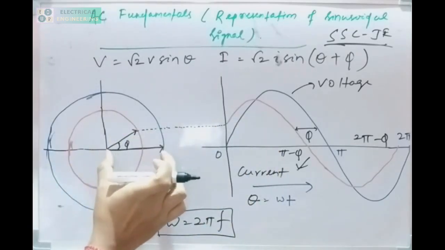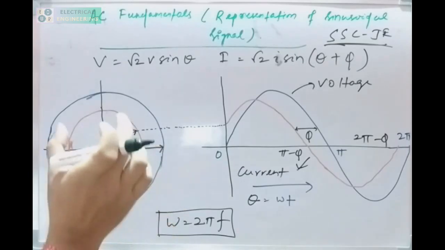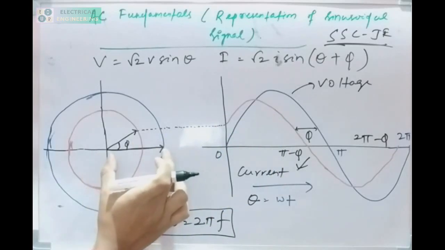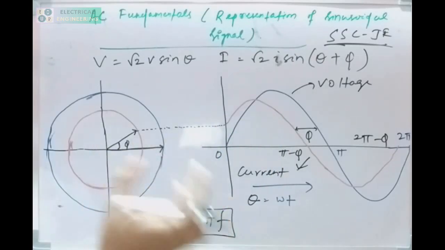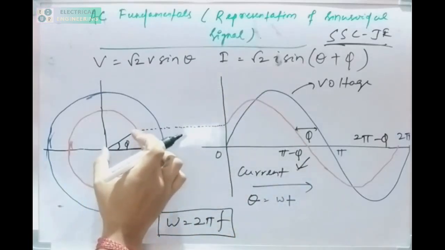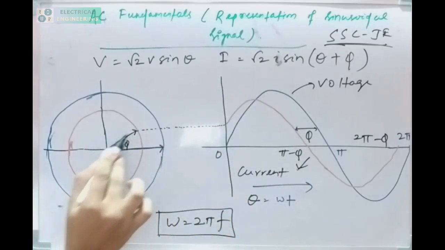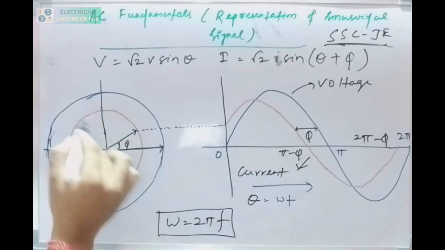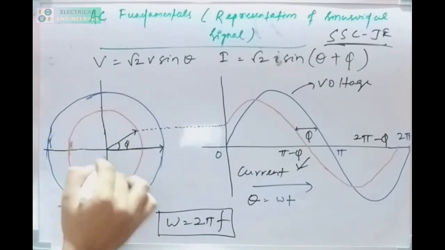The phasor line is nothing but an RMS value. The RMS value of the voltage is represented by this phasor line, and the RMS value of the current is represented by this phasor line. This RMS value is constant everywhere.